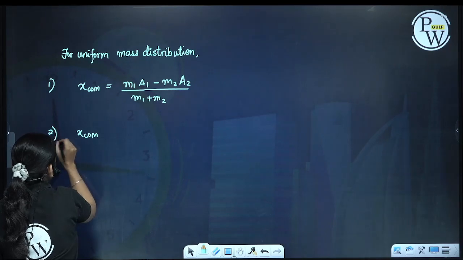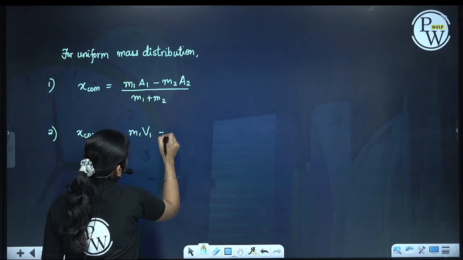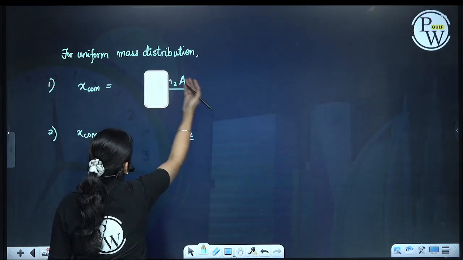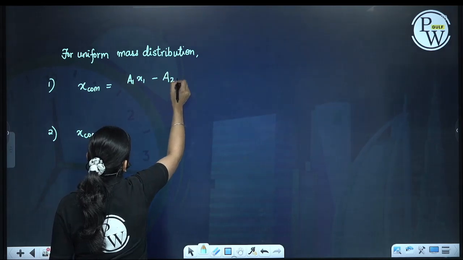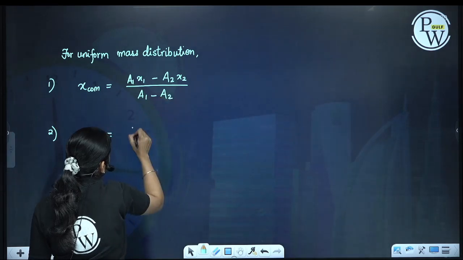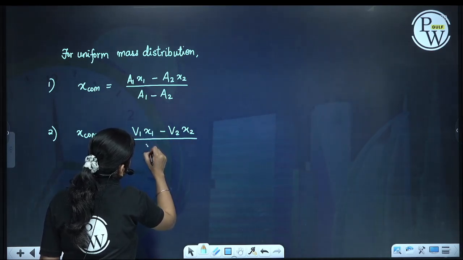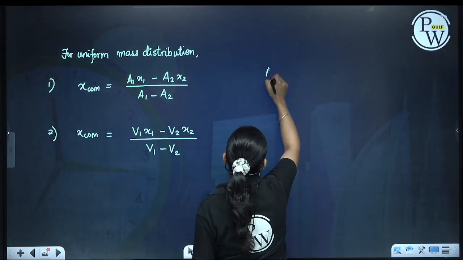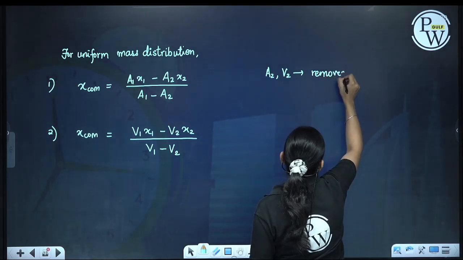For area distribution, XCOM will be A1 into X1 minus A2 into X2 divided by A1 minus A2. For volume distribution, it will be V1 into X1 minus V2 into X2 divided by V1 minus V2. We take A2 and V2 as the removed area or volume.